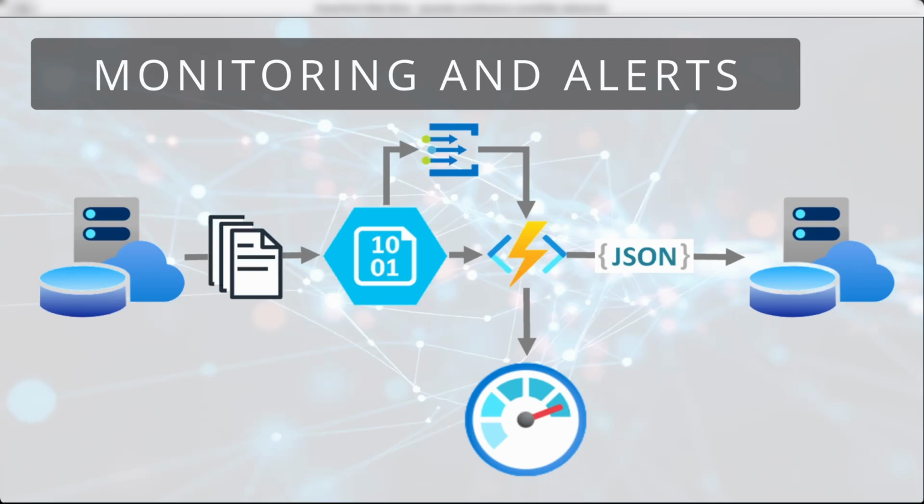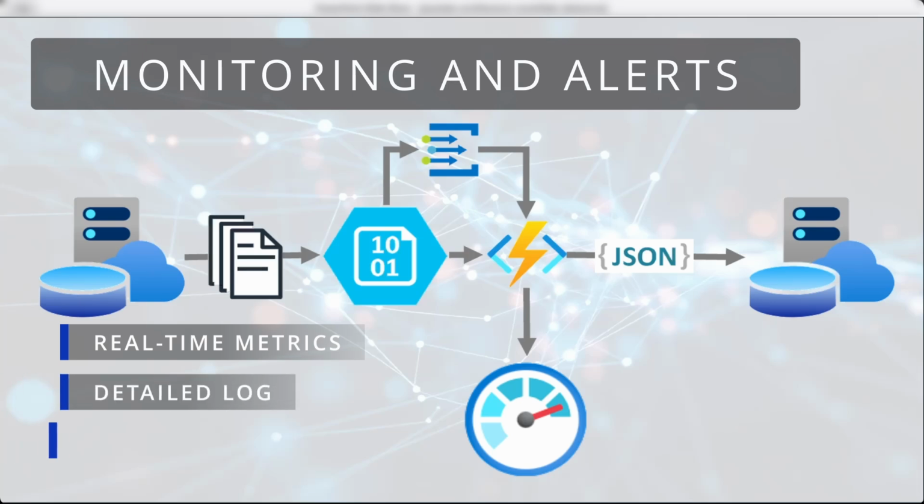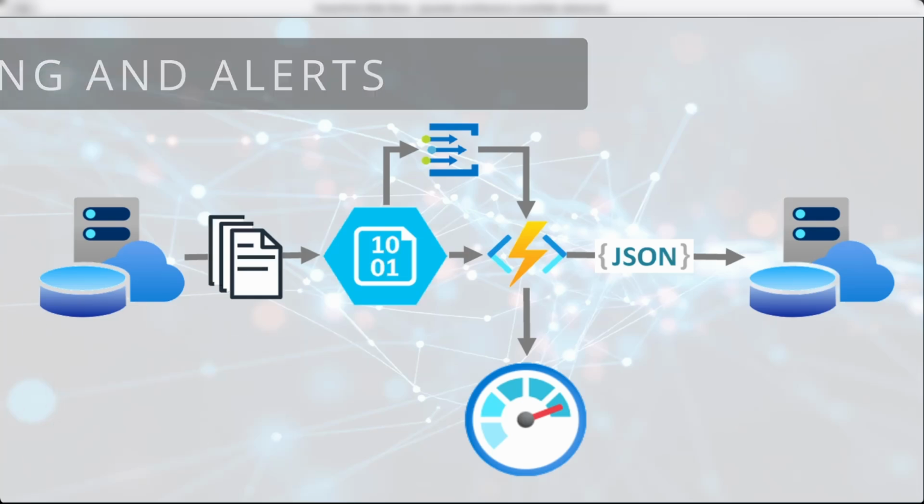These tools provide real-time metrics like success and failure rate, latency, and detailed logs, and alert when something goes wrong. For example, you might set up an alert to notify you or your team if more than 5% of records fail in a single batch.